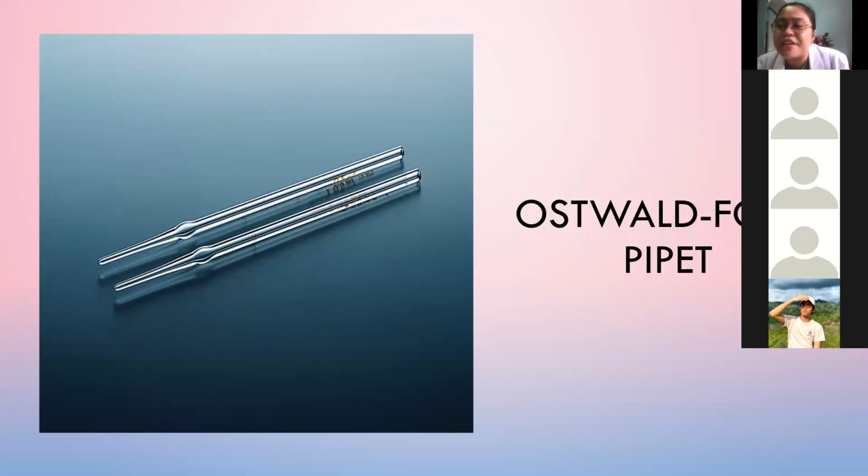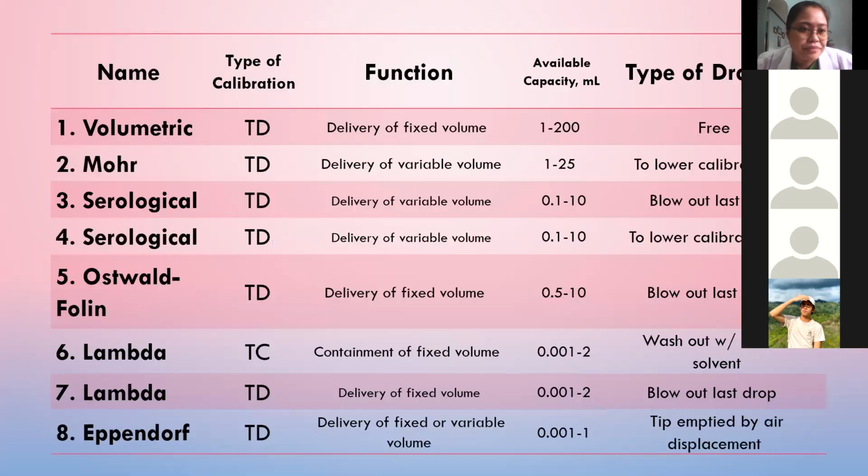So dili siya free flowing na mga fluid. Paglapot gani class, ang ginagamit nato Ostwald-Folin. So tama na siya, George, na this one is a pipette used in blood chemistry kasi mao ni siya ang pipette designed to accommodate blood and other viscous na mga fluid. So I hope that is clear.